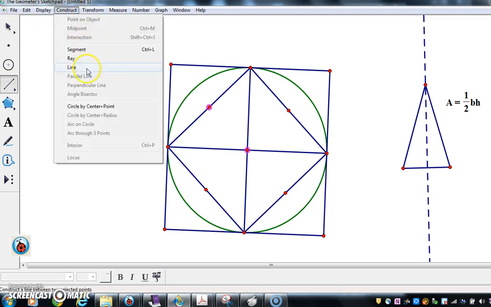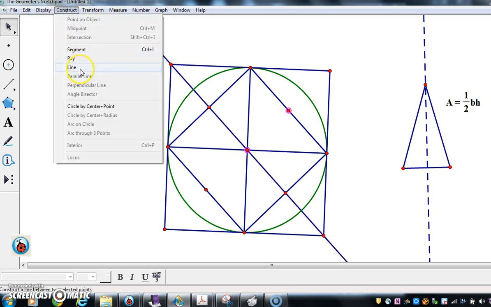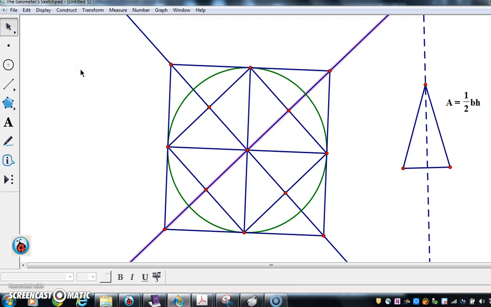So construct these lines and highlight that, don't need that one, and construct the line. Now I have bisected all four sides of the square, and now I can connect these points.